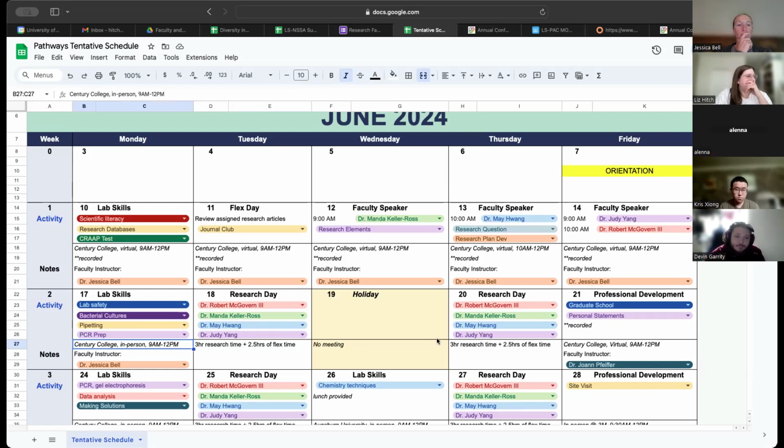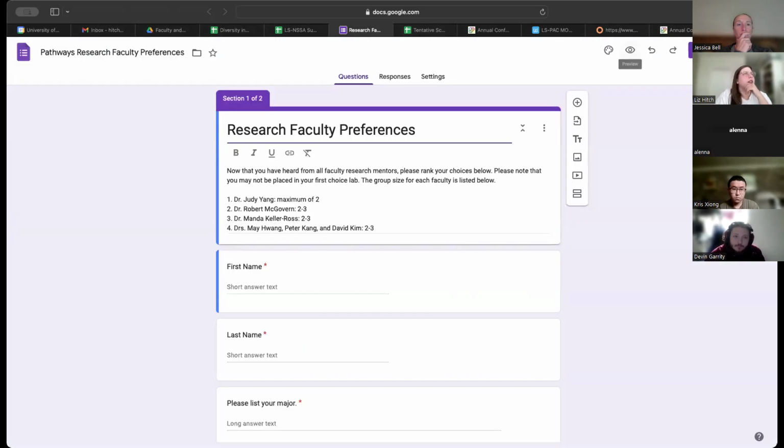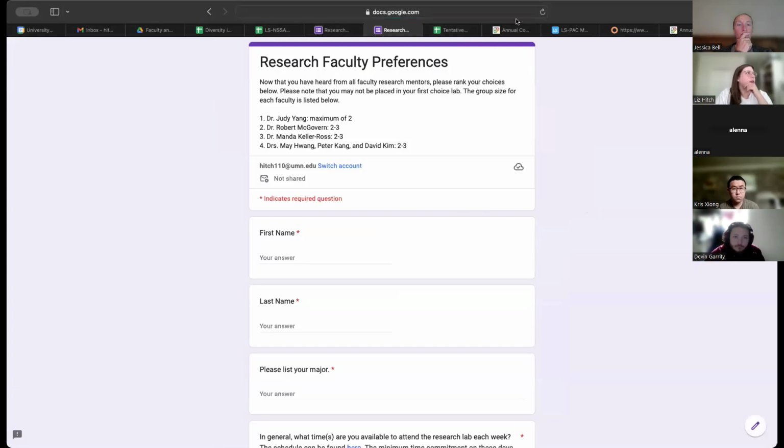Keeping that in mind, let me pull up the Google form. This is what the Google form is going to look like on Friday. If you notice, Dr. Yang will have a maximum group size of 2 students, but the other faculty don't have a restriction. Ideally, you will be with a group of your peers working in these labs.